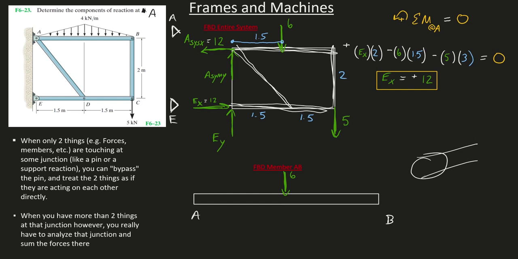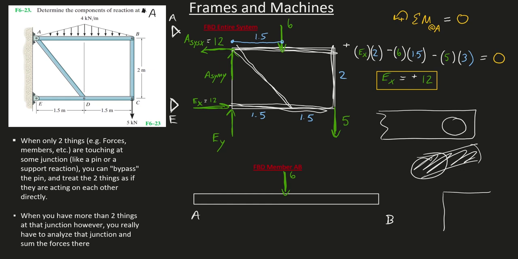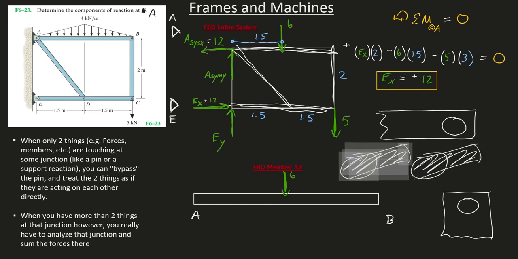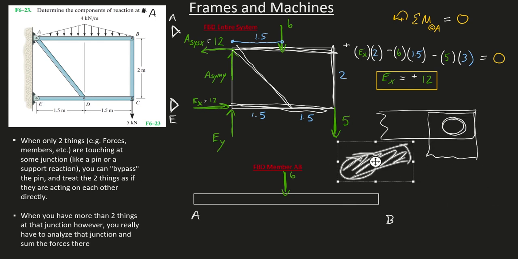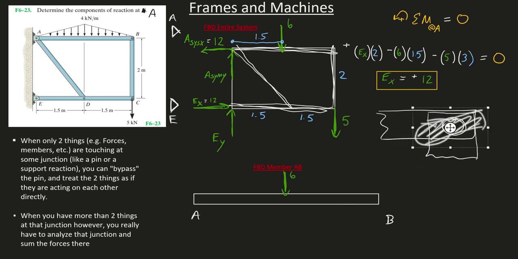Zooming in on that pin B, I know that it's going to be connecting AB to BC. So really this is it. This thing goes in together here and locks these two members together, like so.